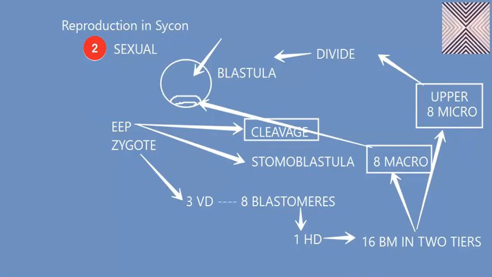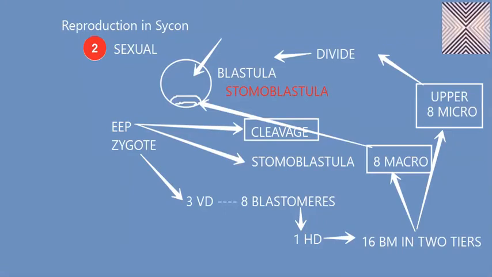and some scientists call it the stomoblastula. So you may get this question: what is stomoblastula? Stomo refers to mouth. So this is the blastula which has a mouth on the lower side, surrounded by 8 macromeres.